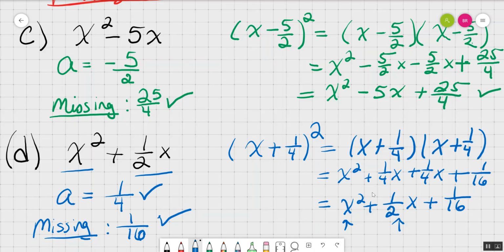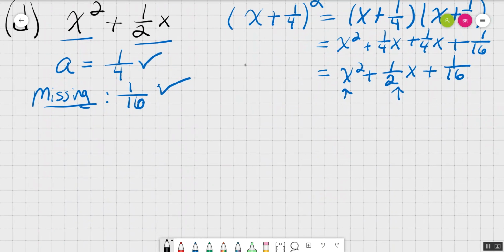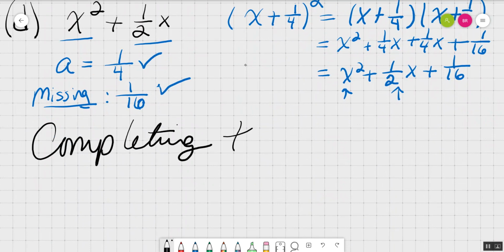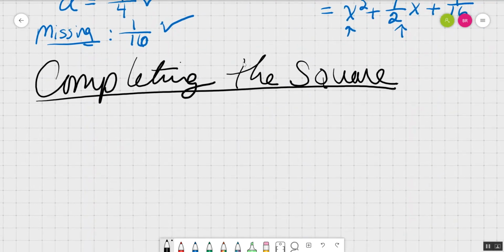Now we're going to use that to do some solving. How so? Well, let me give you some steps. Completing the square. Okay, so this is going to rely heavily on what we just did.